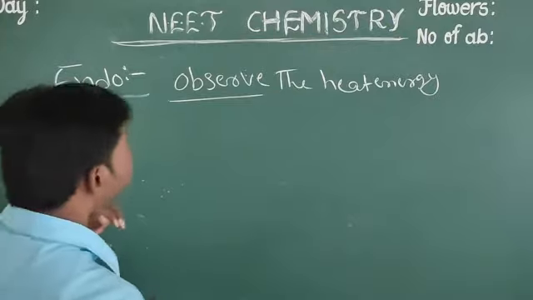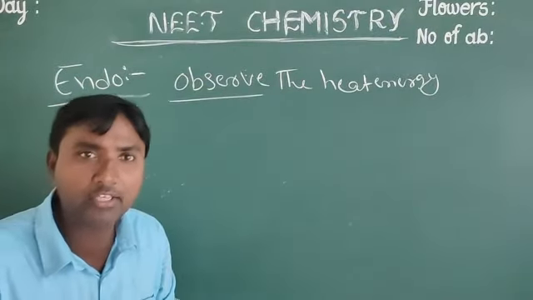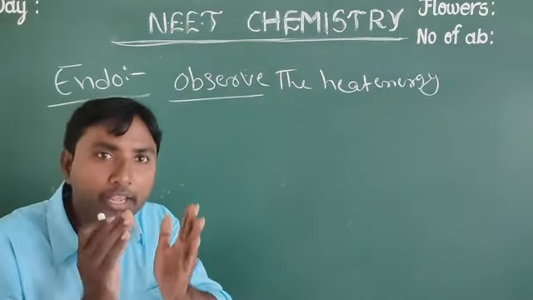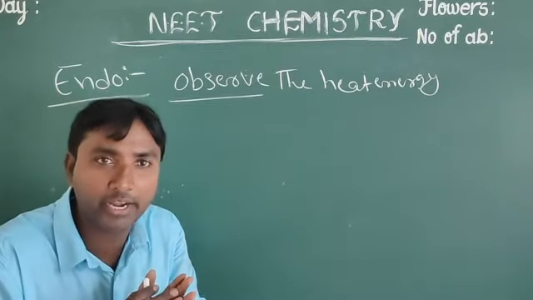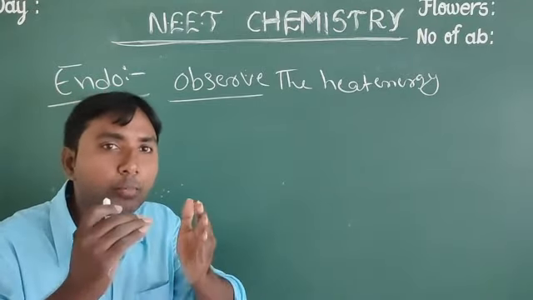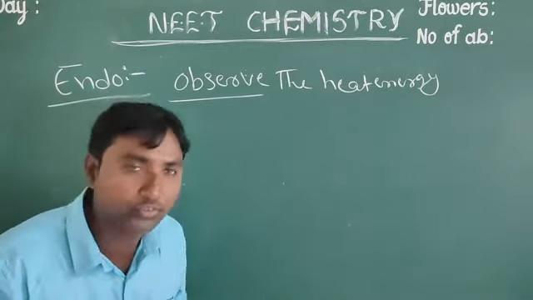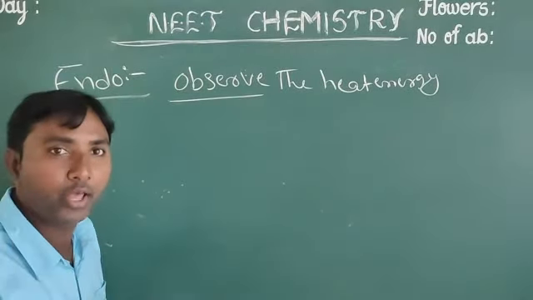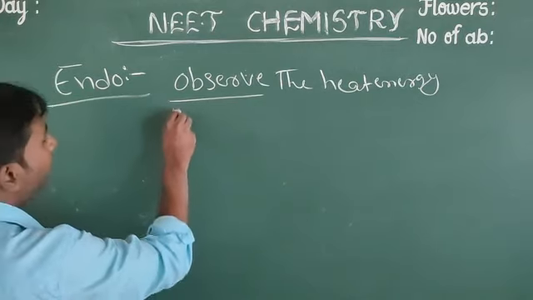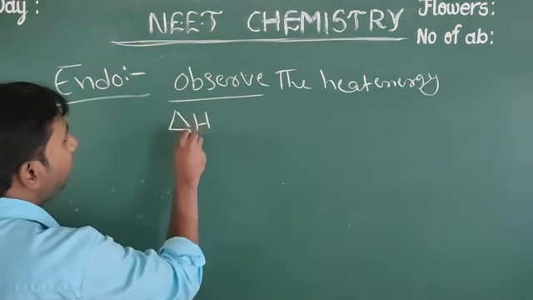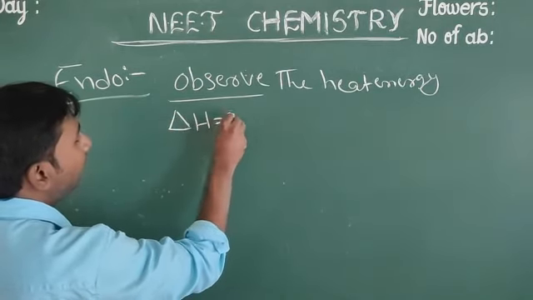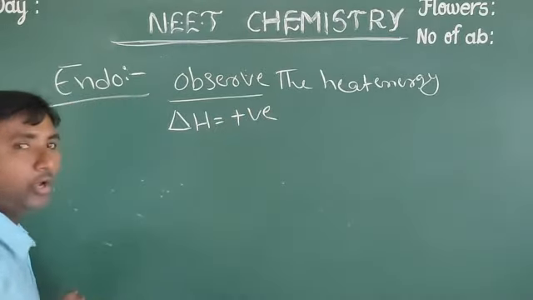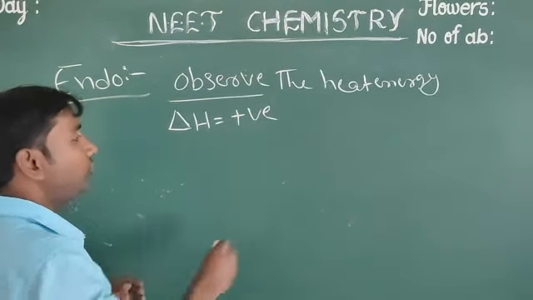Understand that? So in chemical reactions, reactants absorb the heat energy, undergoing breakdown of the bonds. Okay, that is the endothermic process. In the endothermic process, enthalpy change equal to positive.